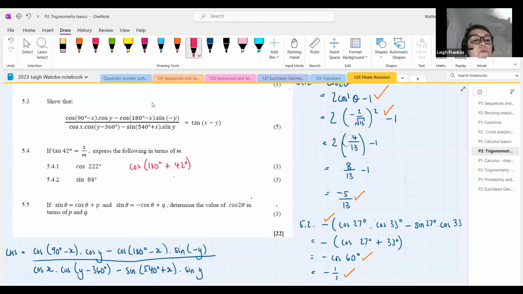All right. So that would then reduce to negative cos 42. But we don't have the cos of 42. We've got the tan of 42. So what are we going to have to do in this case? We're going to have to work in a triangle, or we're going to have to use the theorem of Pythagoras.